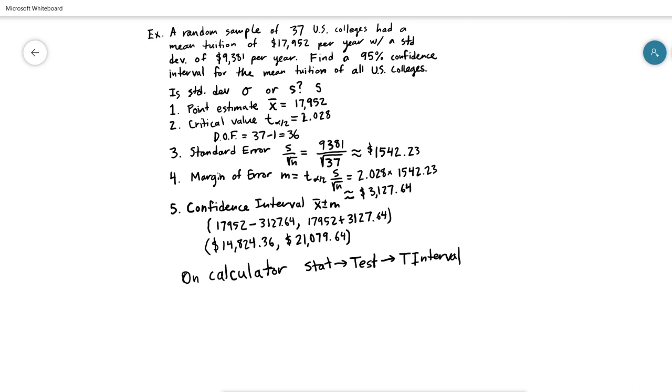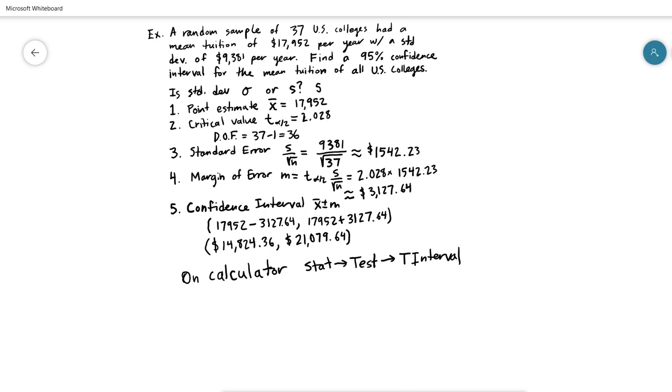So I'm going to select stats in the calculator. I'm going to give it the value of x bar, which in this case is 17,952. It'll ask for Sx, the standard deviation, that's the 9,381. It'll ask for our sample size, which in this case was 37. It'll ask for the C level or confidence level, which is 95%, 0.95.